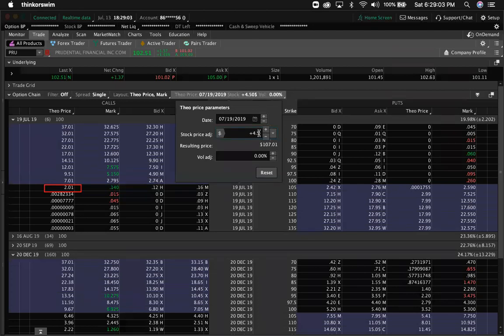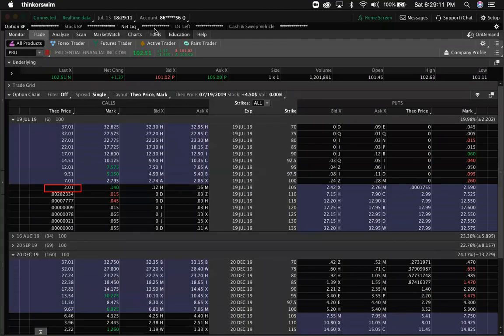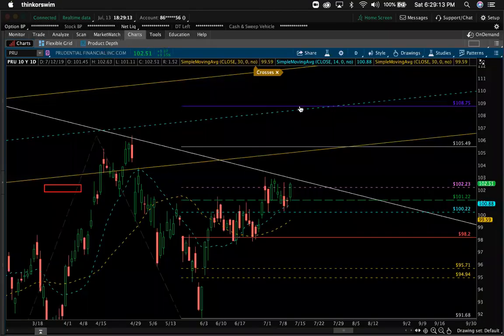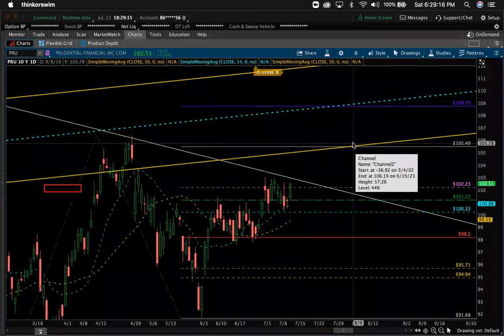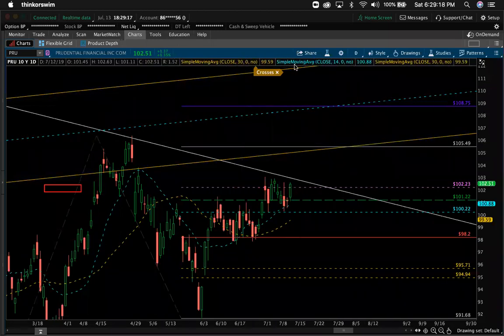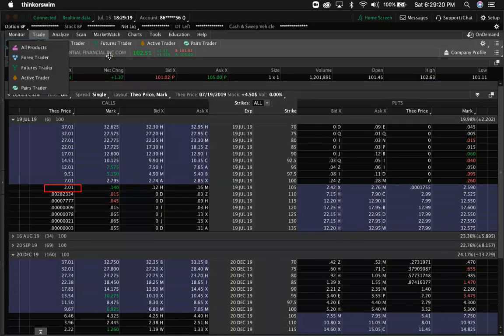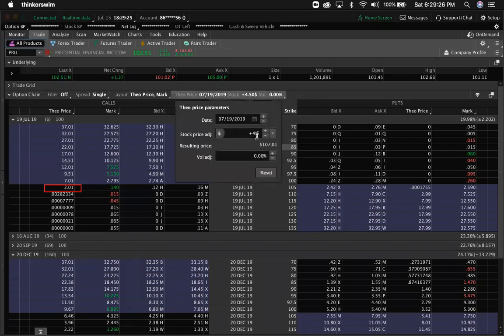So I want to actually put it at a price where 106.28, or what did we have? We had 105, if I'm correct. We had 105.49. So that's going to be the price target for this week, right? Not saying it's going to get there Thursday. Might get there Thursday, might get there Friday. So it's 105.49. So I'm going to put this to 105.49.